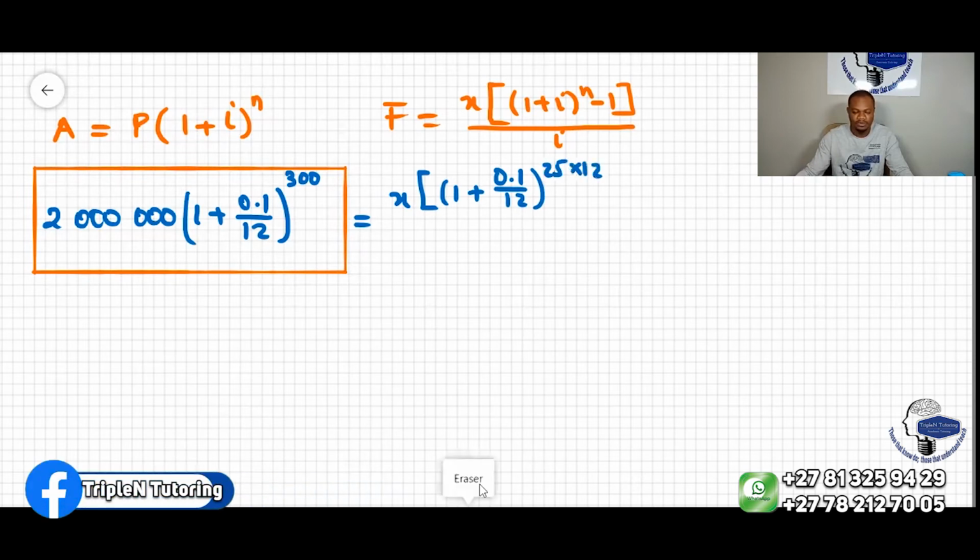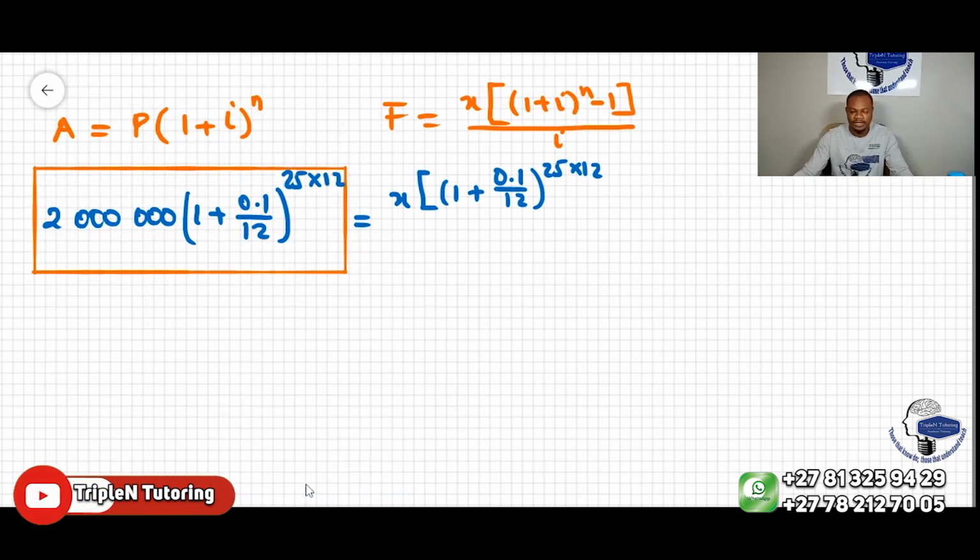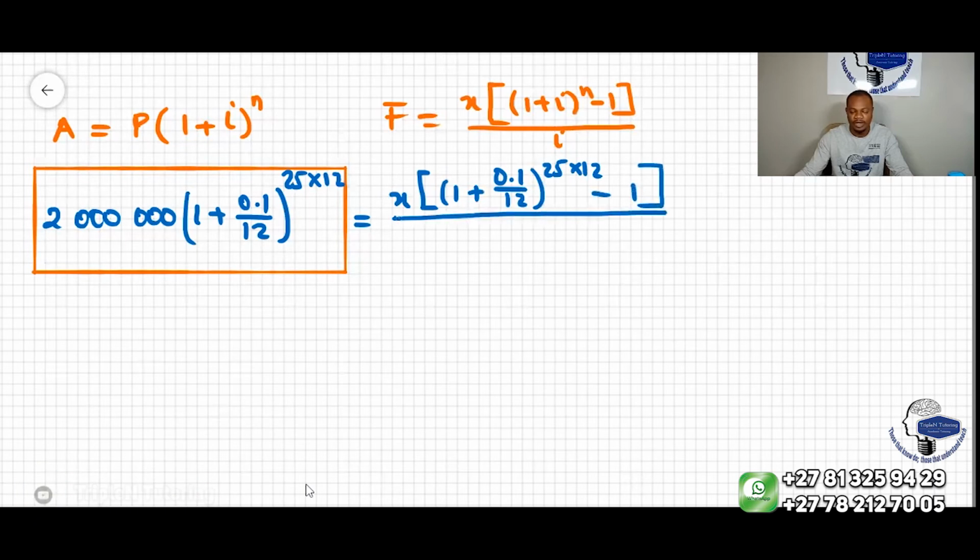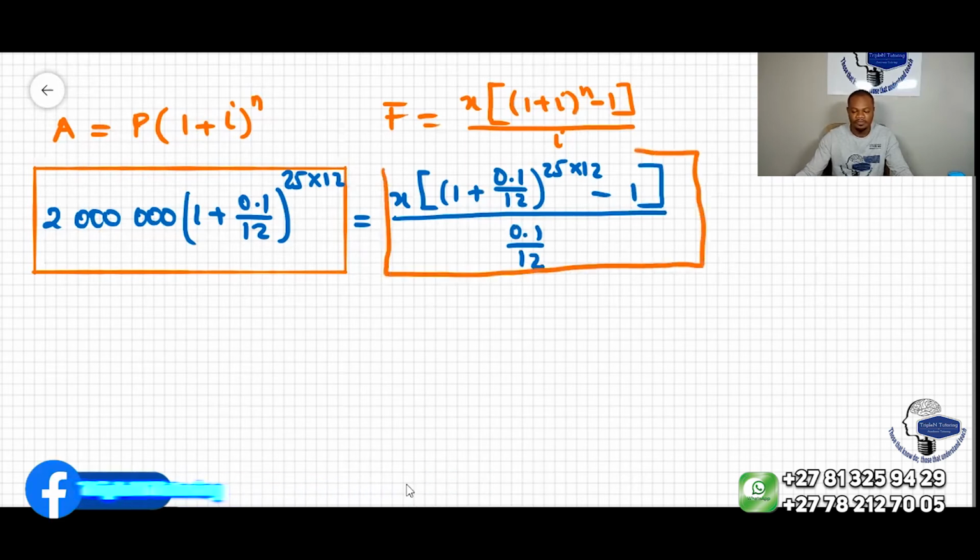Maybe I should write here 25 times 12. And then minus 1, we close the square bracket, all over i, where i is 0.1 over 12. So all this is just the future value.